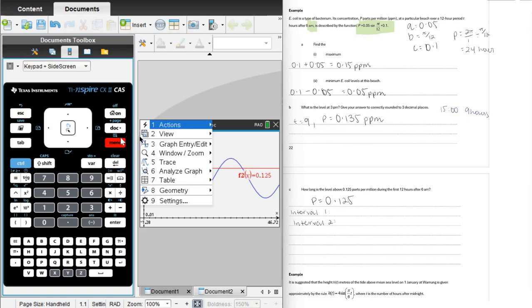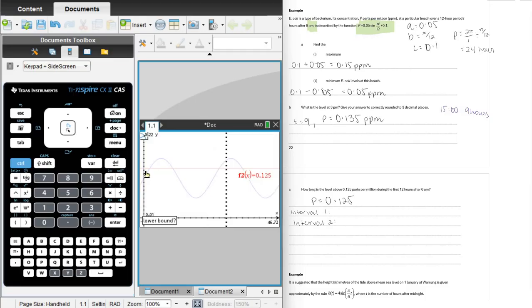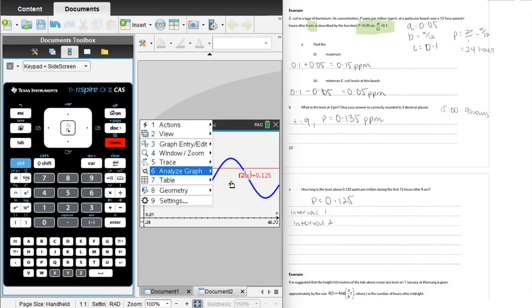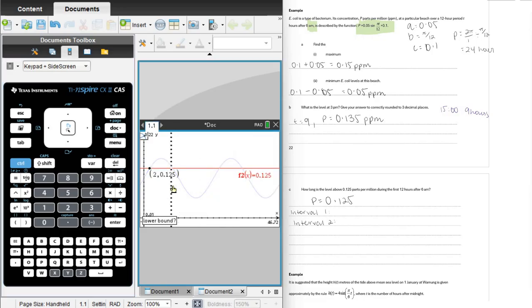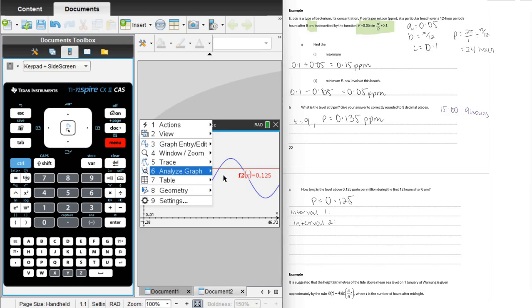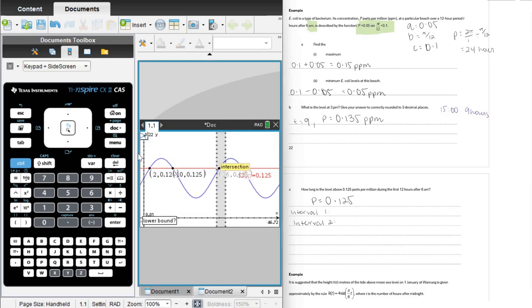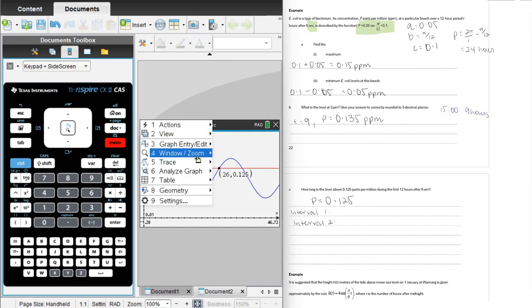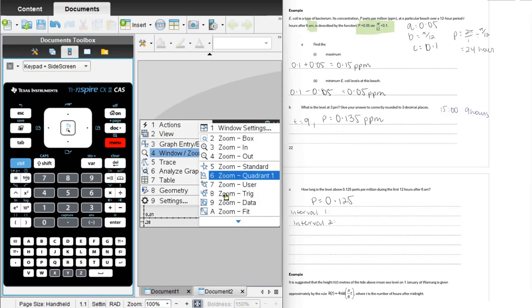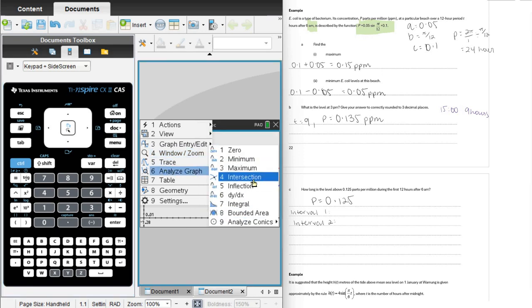Now, to find those points of intersection, you're going to go menu and then 6 for analyze, and then 4 for intersection. It is going to feel a bit repetitive at the time because you're just finding every point of intersection that you can here to then work between there. Now, because we're looking at how long, we're going to be working with our x coordinates in this case, not with our y coordinates, because our y coordinate here is that 0.125.